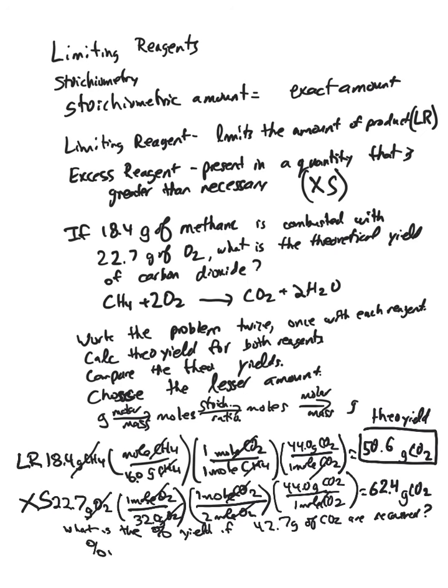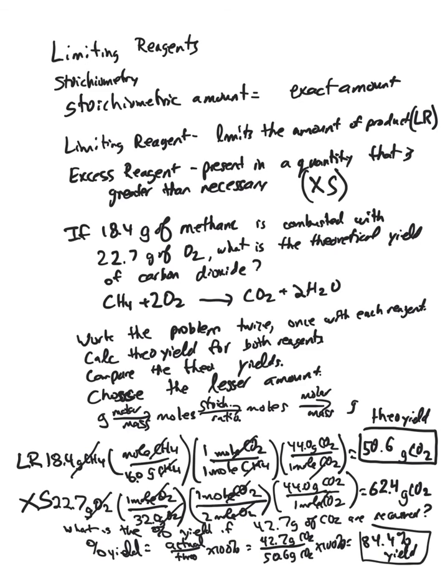So our percent yield is equal to the actual yield divided by the theoretical yield times 100%, or 42.7 grams of CO2 divided by 50.6 grams of CO2 times 100%. 42.7 divided by 50.6 times 100 gives us 84.4% yield. And we can only work this problem if we knew what the actual yield was.